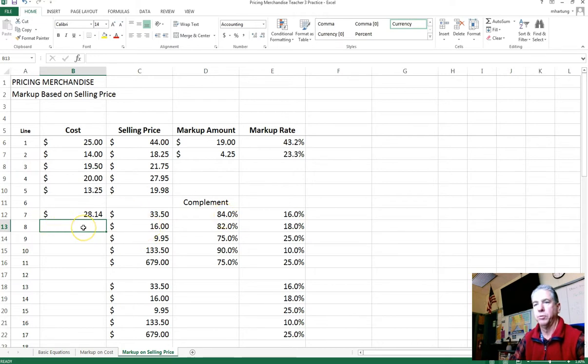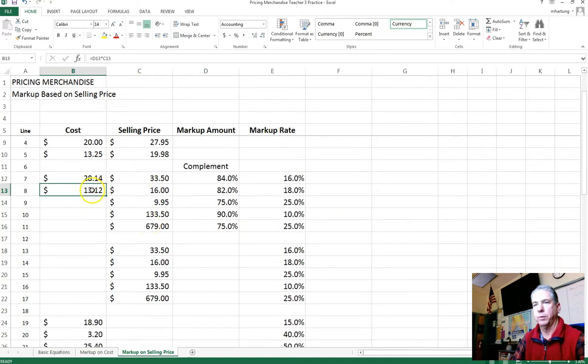You can also do that formula by, if you want to click on your percentage first, the complement times the selling price. And then you can go ahead and finish those. And then we'll move on and take a look at the next section.